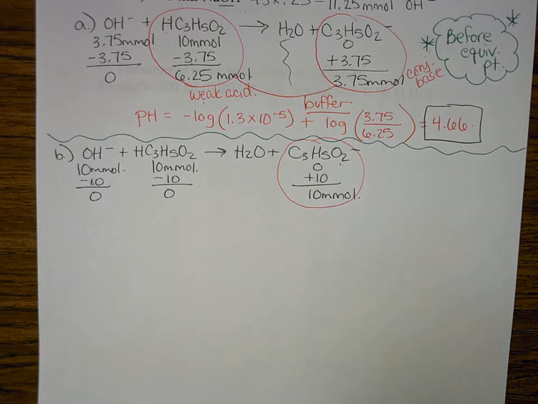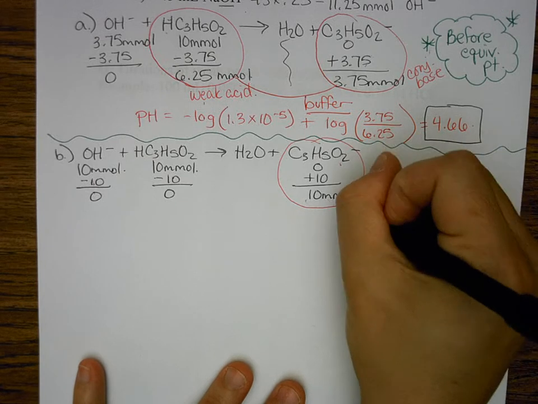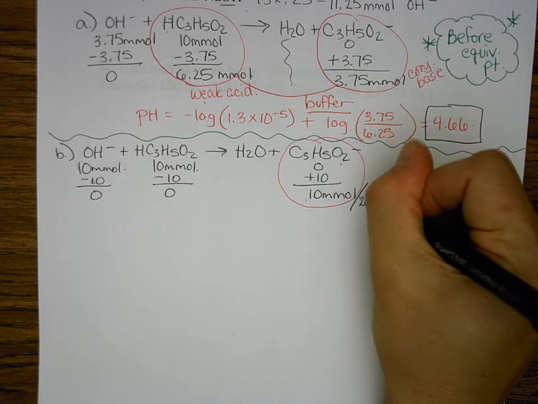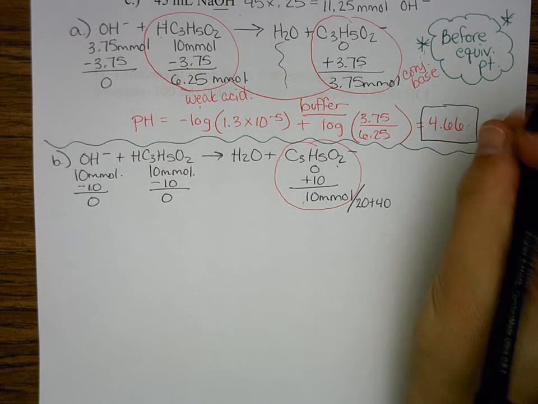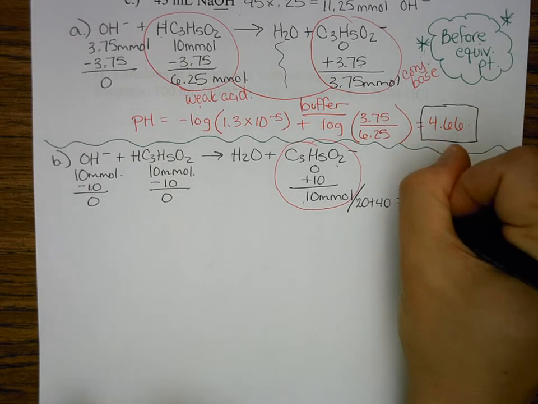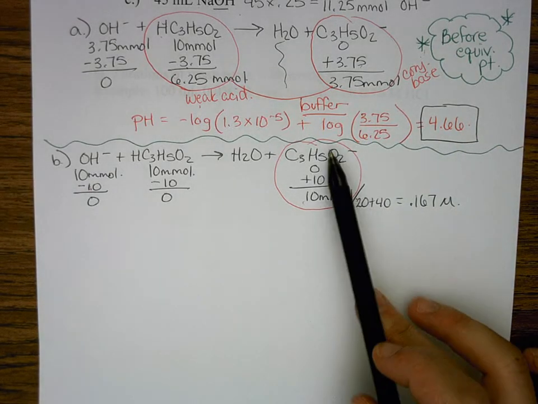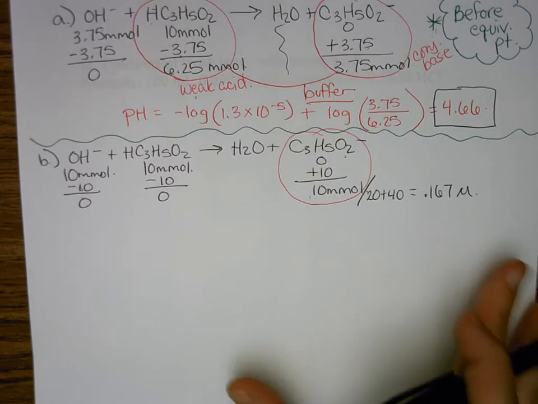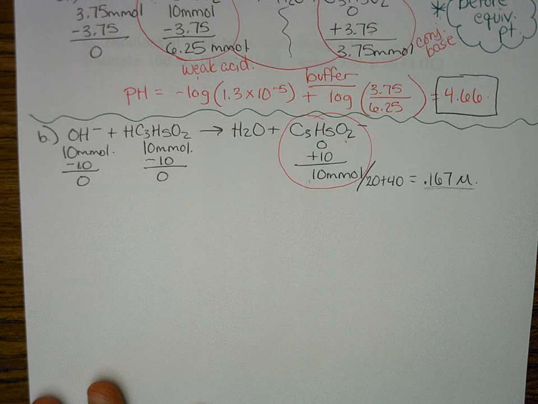So what I'm going to do is figure out what the concentration of this is first. So 10 millimoles divided by my total volume, which was 20 plus 40. I started with 20 of propanoic acid. I added 40 sodium hydroxide. That gives me 0.167 molar concentration of this ion. So your next step is to take that concentration and put it into an ice table.